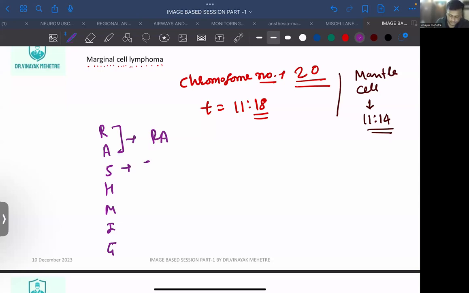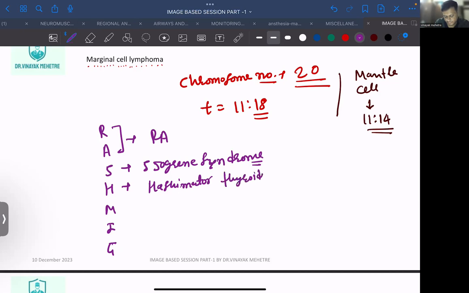S stands for Sjogren syndrome. H stands for Hashimoto's thyroiditis. M stands for marginal cell lymphoma.